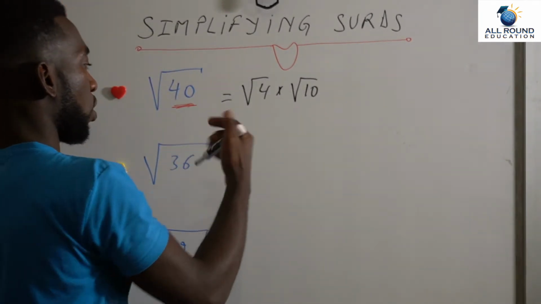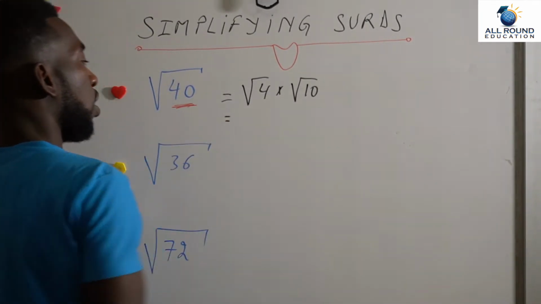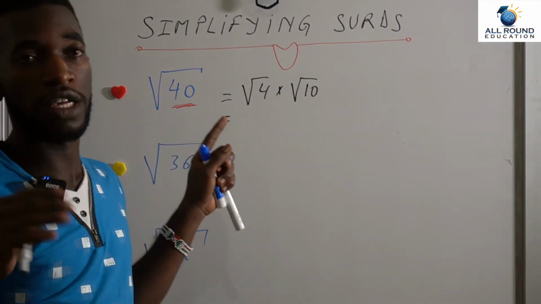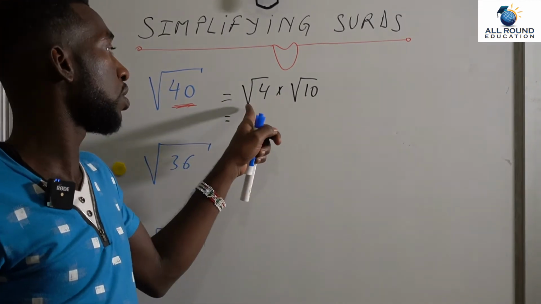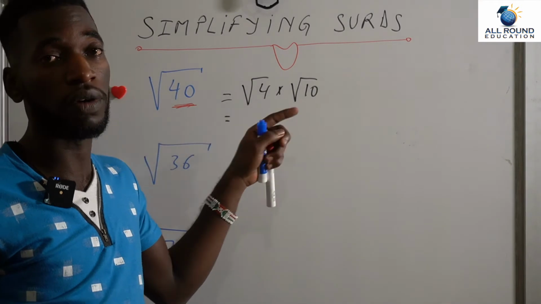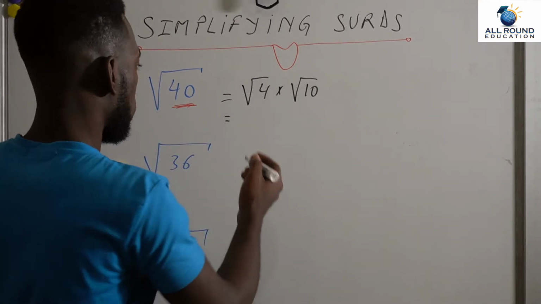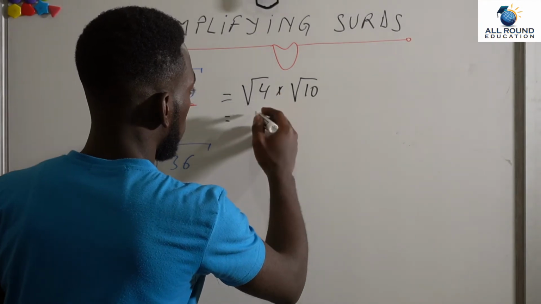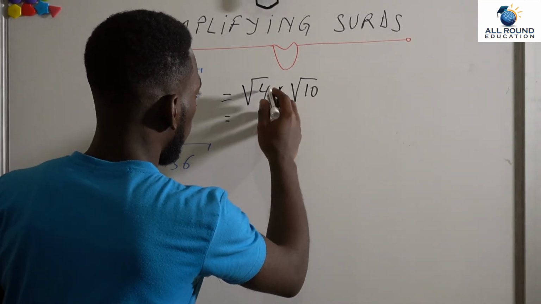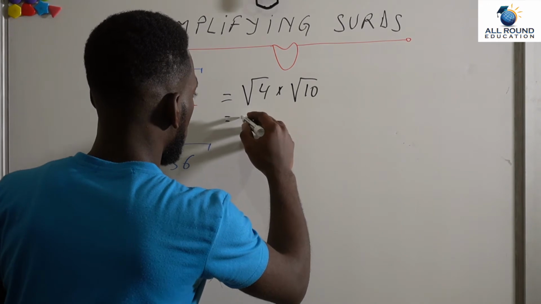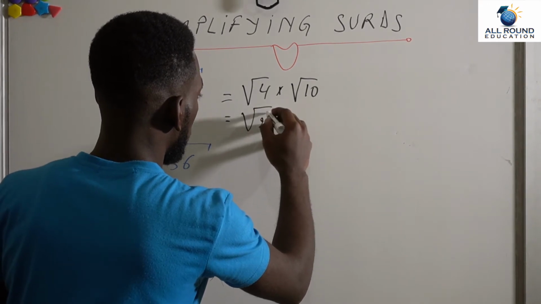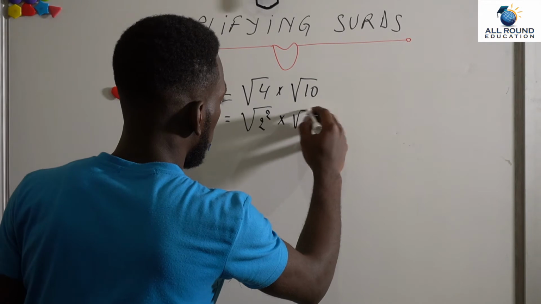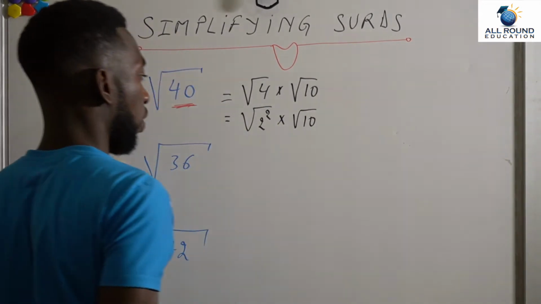Now, the reason we are after the highest perfect square is because this number can be evaluated. The way we evaluate this is, we know that the square root of 4 is the same as the square root of 2 squared, times the square root of 10.